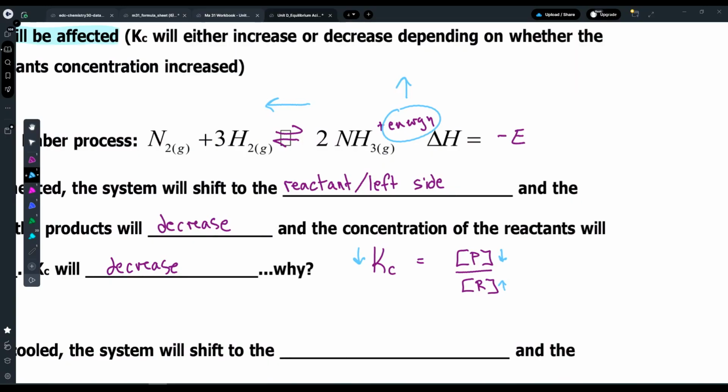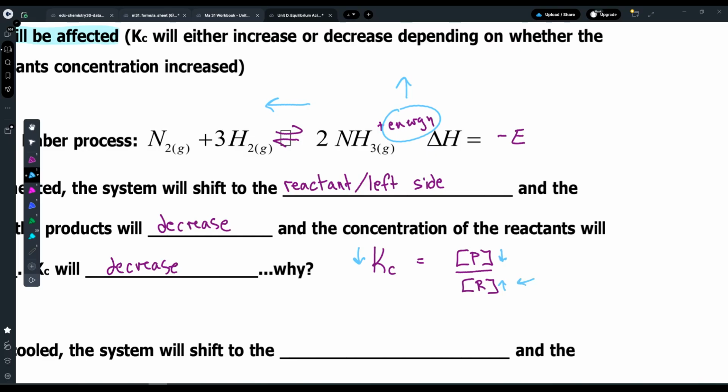For the reactants, if you wanted to compare the equilibrium constant to the reactant concentration, that's an inversely proportional relationship. Okay? How you can tell it's an inversely proportional relationship is because one of your values is in the numerator, the other one is in the denominator when they're on opposite sides of an equal sign. So what that means with an inversely proportional relationship is whatever happens to one thing, the opposite happens to the other.